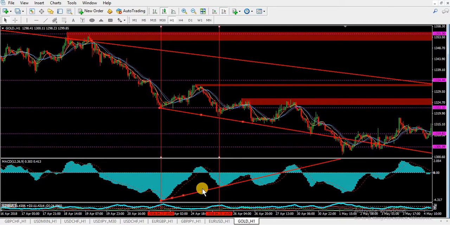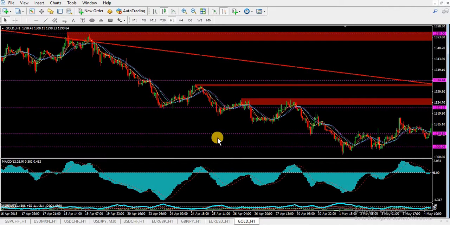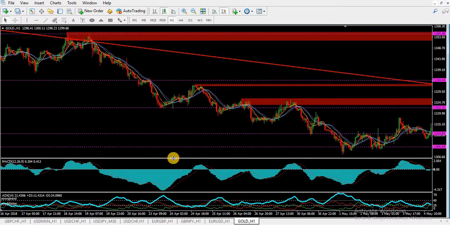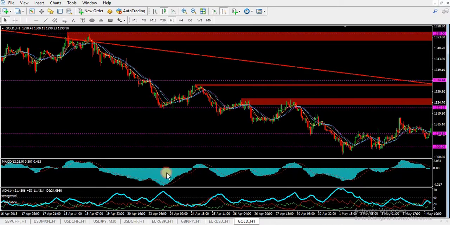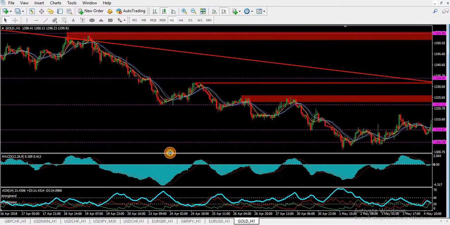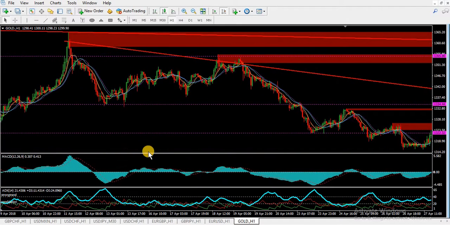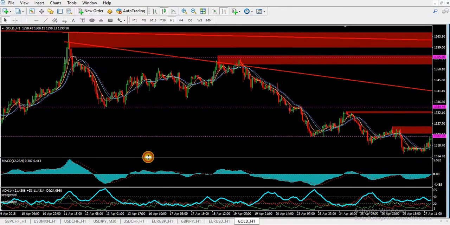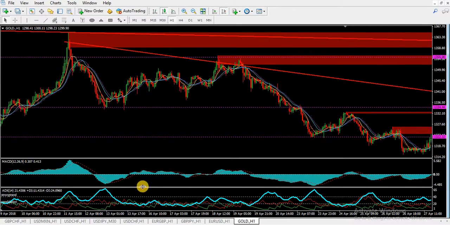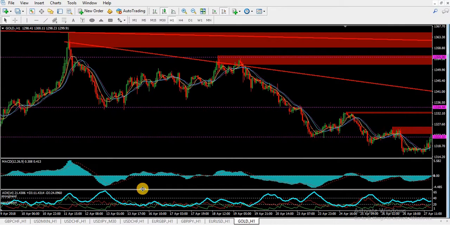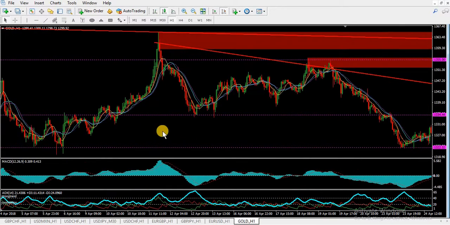I'm just going to be showing you how to use gold. And that was just one example of divergence. So I think you guys should find out more about divergence, from divergence to hidden divergence to convergence, things like that.